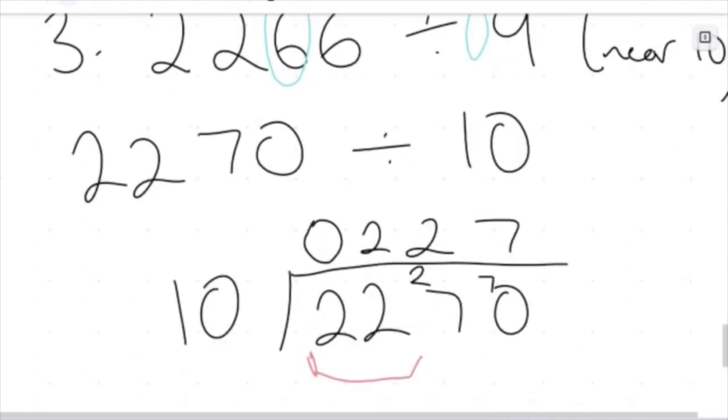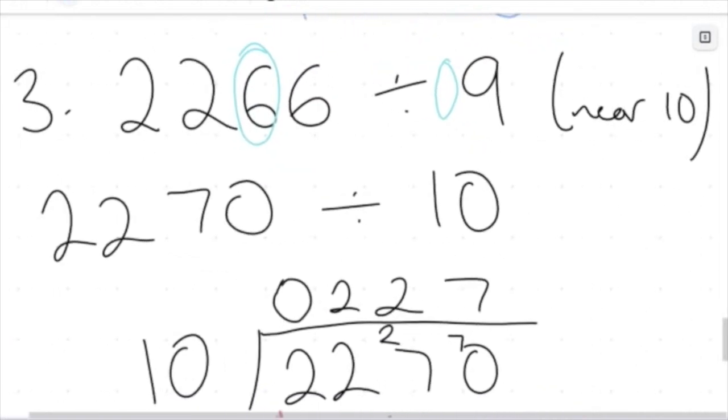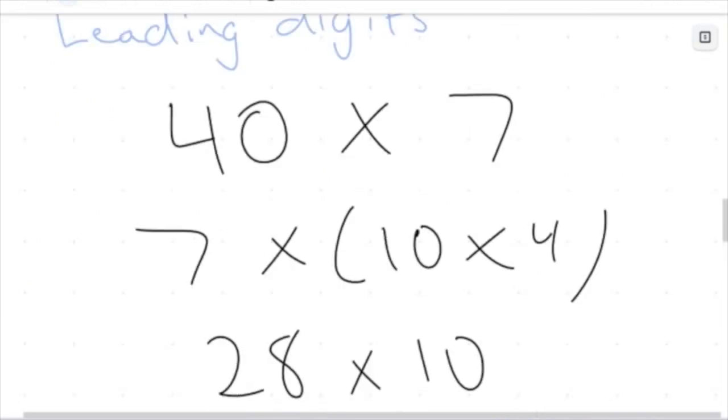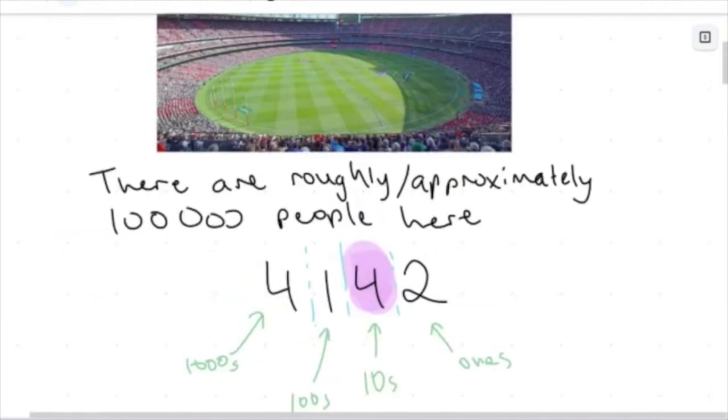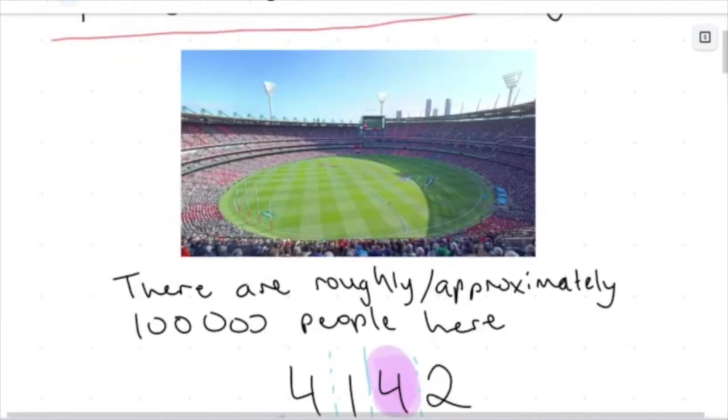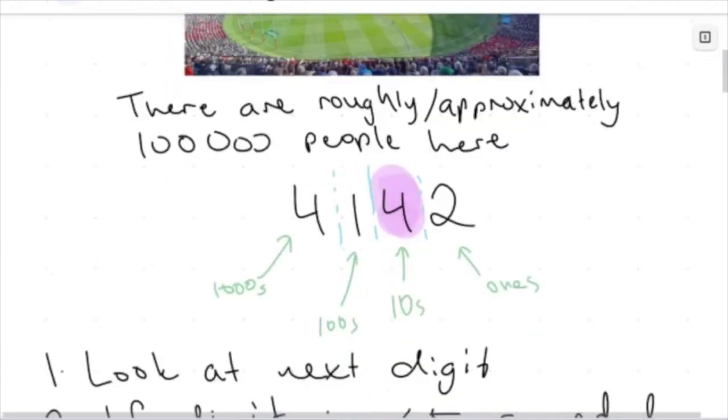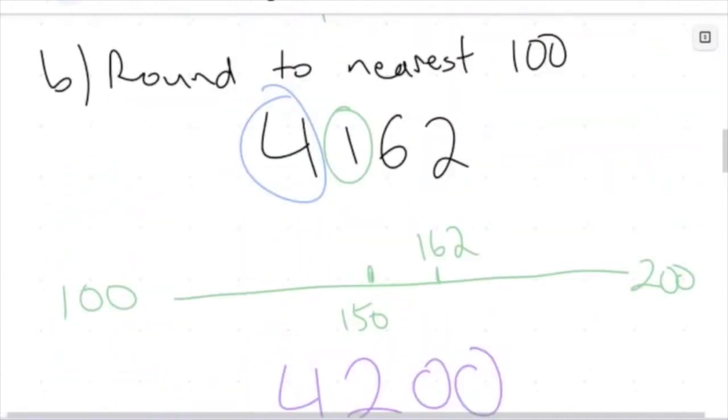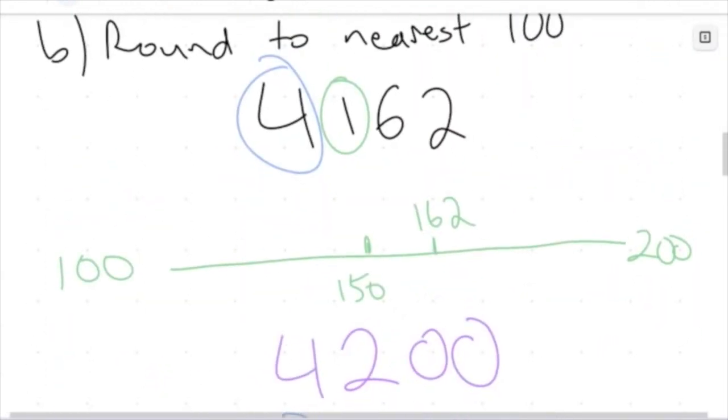So let's just quickly recap what we've done here. When we want to round, we are finding an approximation. We're not finding the exact number. We're doing this practice of the field analogy, the AFL field analogy, this oval, where we say there's roughly this many people here. We're saying these calculations, first when we round, we say that, for example, 4,162 is roughly 4,200.